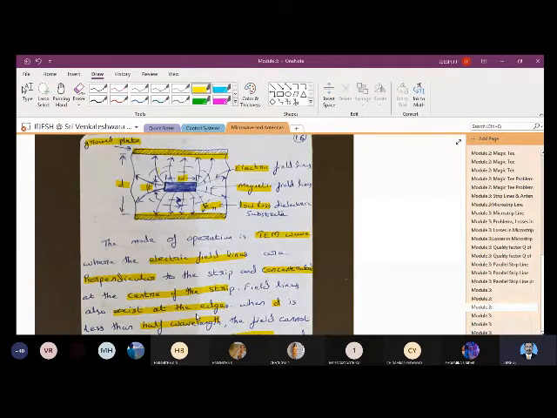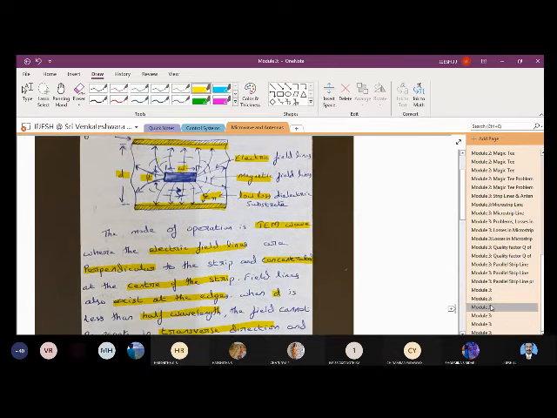So all of you draw that figure, and note down these few points. Have you all completed drawing this figure? No? Okay, complete.